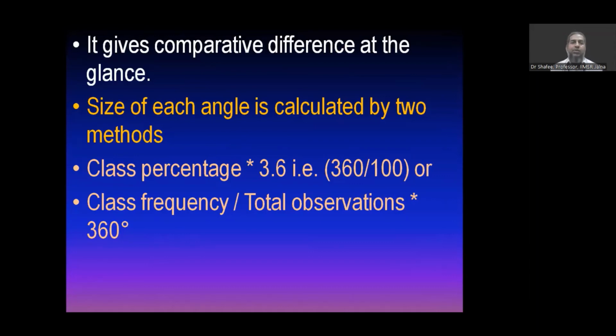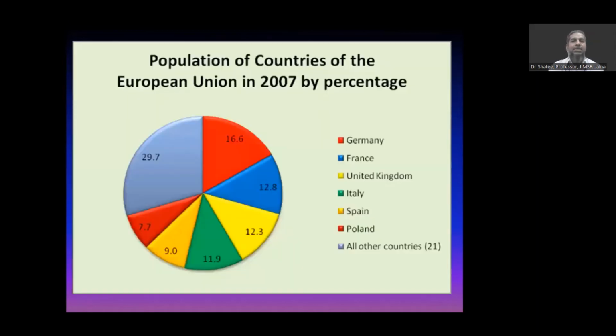So 20 into 3.6, like this we have to prepare. It will come to 72. And for 15 and for 65, we calculate likewise. The second method is class frequency 20 divided by total observations, that is 100, into 360. Like this we find out the angle, and then in a circle we prepare the different sectors. That's why it is also called a sector diagram or pie diagram.